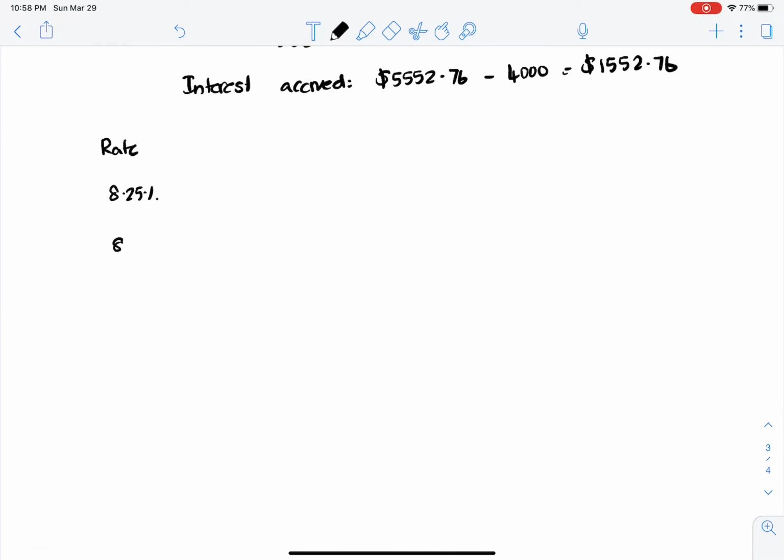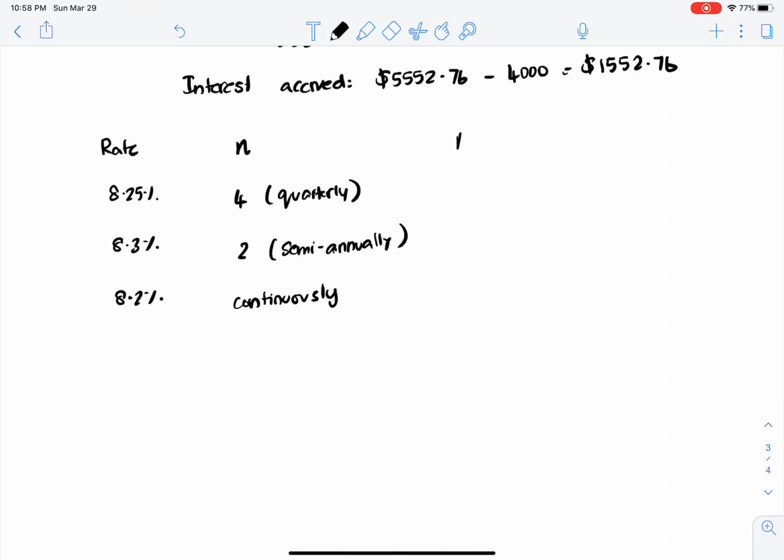So the three cases, 8.25%, 8.3%, 8.2%. The term is fixed, the principal is fixed. n initially was 4 times, that would mean quarterly. 2 times, semi-annually. And the last one is continuously.